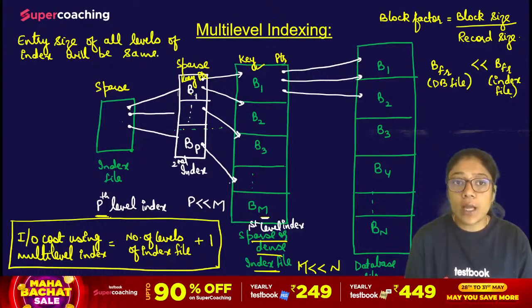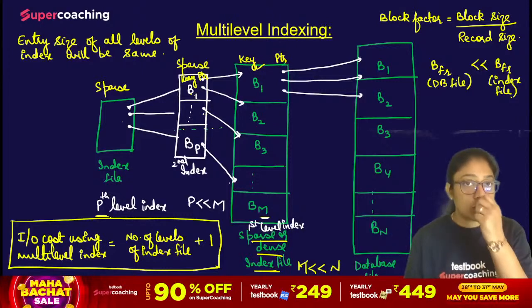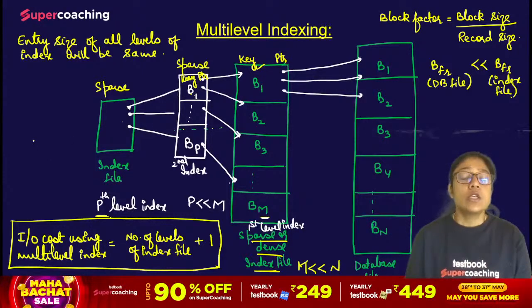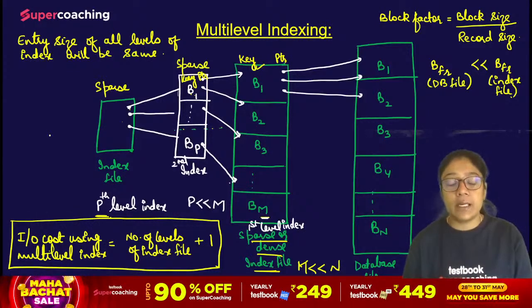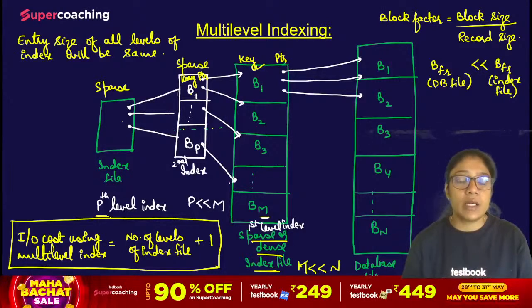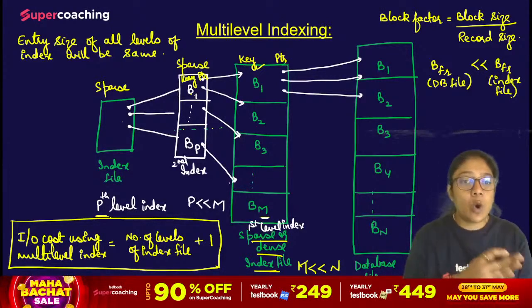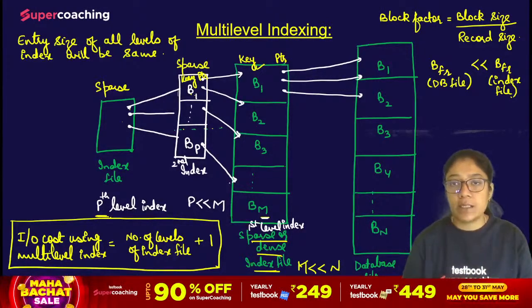And we also know that the block size is also same for all the levels of files. So in simple terms, we can say that the block factor for all the index files will be same. Block factor means the number of entries in each block of the index file will be same at all the levels of index. Make sense?